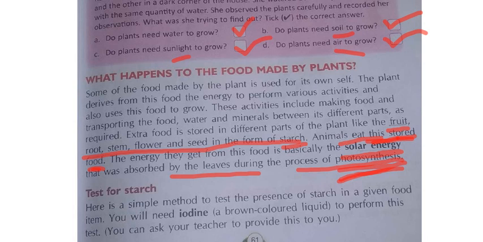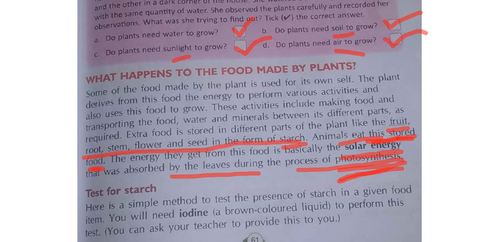So in this way the plants will make their food. Understood? In this para what I have told, Nana, the plants can prepare their food, and some they will store in themselves, and some they will send to all parts of the leaf, and some plants also will store that extra food in different parts of the plants like fruit, root, stem, flower, seed, in the form of starch, that means ganji.